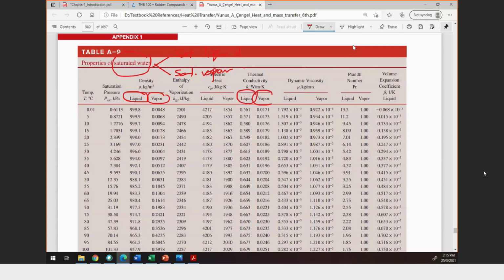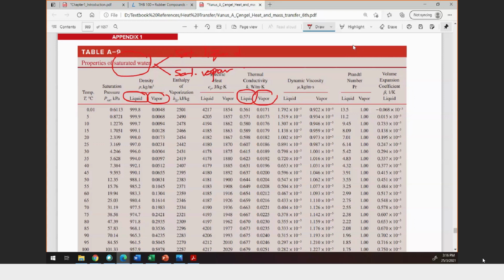For the vapor you have the K value, but the value for the water is a bit smaller compared to the metal. Okay, for the solid object, because this is water, this is fluid. Like I say, not only a solid object has a K value. The fluid also has the K value. Okay, but the value is very small.